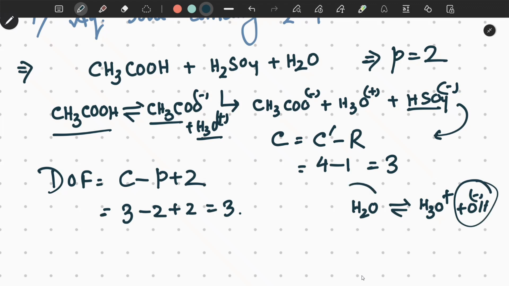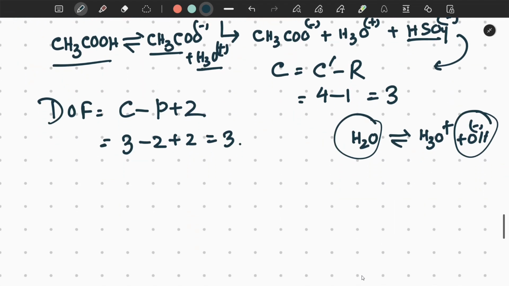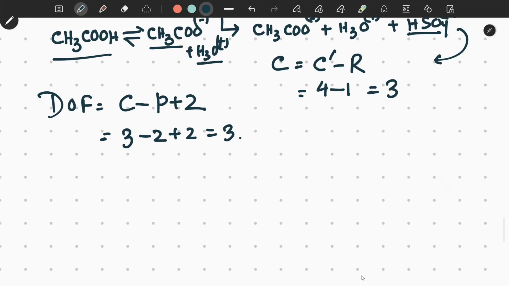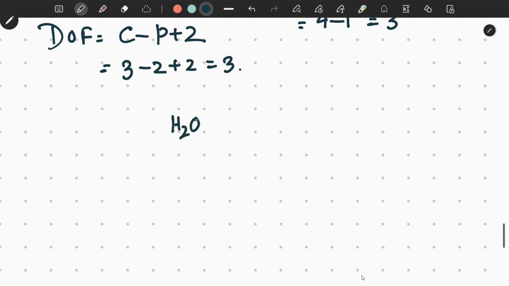Two species are there, and there is one more restriction. Not only one, two restrictions will be there. So no adding, no change. Just consider this.